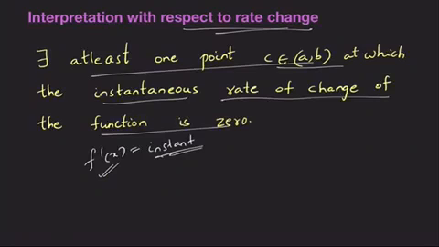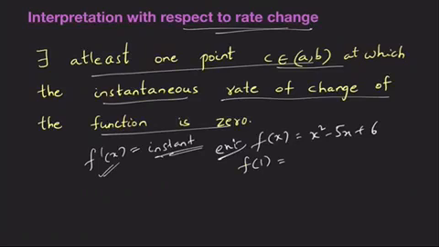Let's look at a very fundamental example. Let us say I have a function f(x) = x² − 5x + 6. The value of the function at 1 is 1 − 5 + 6, which equals 2, and the value of the function at 4 is 16 − 20 + 6, which is again 2.